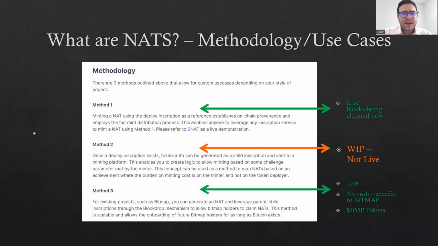So just continuing. When you go through the GitHub, there are a few methodologies around NATs at the moment. I've labelled them, and to be fair, it tells you which of these methodologies are live and which are not. Method one, which is the one we're really talking about at the moment, is the minting and inscribing of NATs, and this is live at the moment.